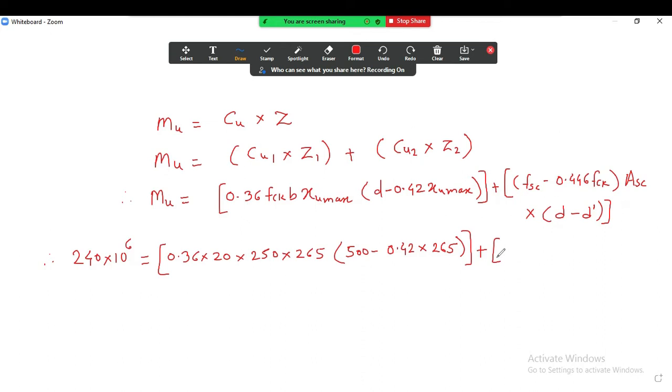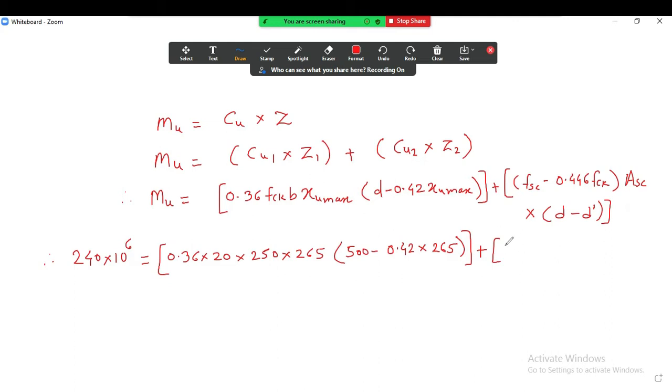So we need to calculate the value of fsc. What is the grade of steel? It is given in the numerical. If it is 415 or 500, then we need to calculate the strain first. If fy 250 is given, the fsc value we already know, 217.5; we have already calculated that value.